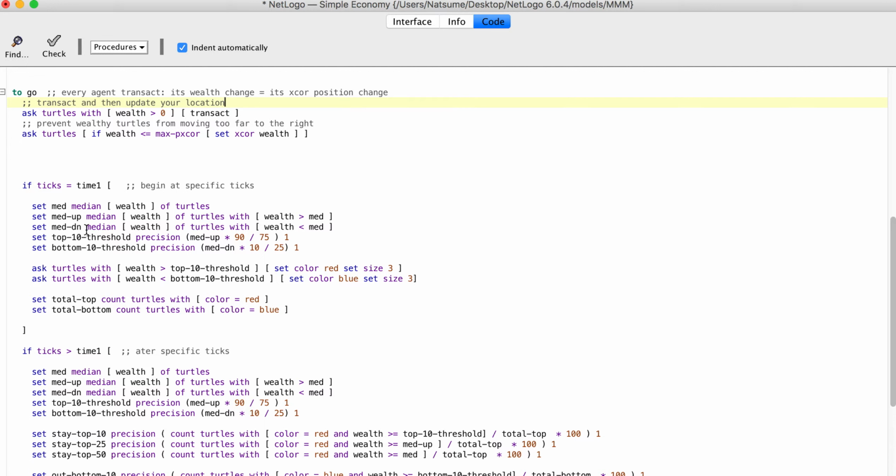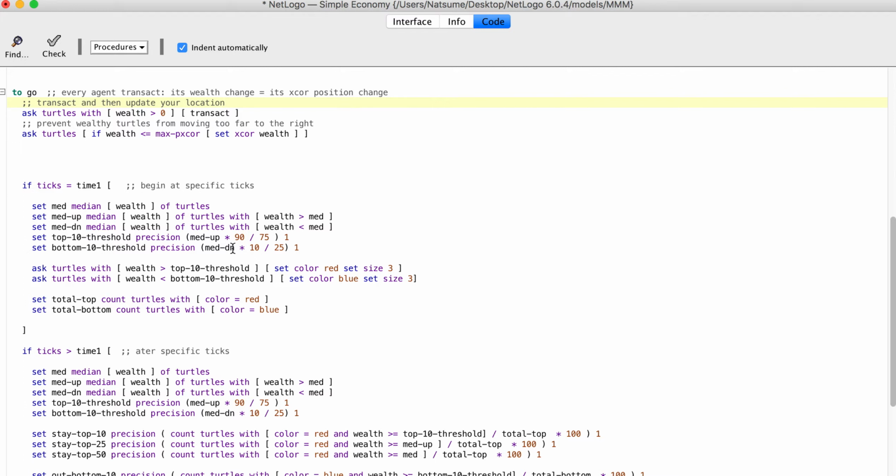So similarly, we can get the bottom 25 threshold using turtles with wealth below Matt, and then take the median value. With Matt up, we can multiply 90 and divide it by 75 to get the top 10% threshold.